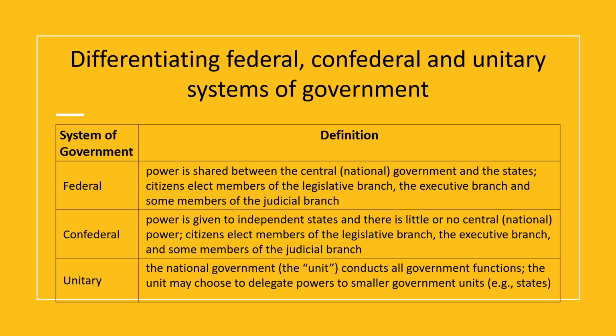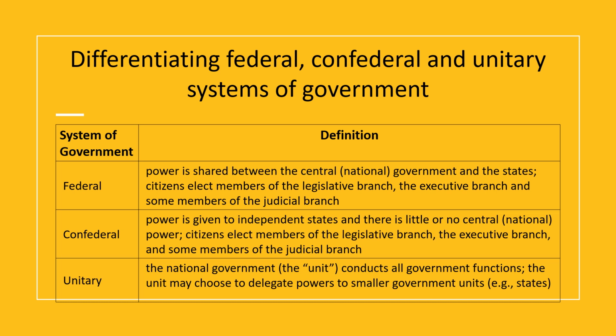In a confederal system, power is given to independent states, and there is little or no central power. Citizens elect members of the legislative branch, the executive branch, and some members of the judicial branch. So we see that federal and confederal are very similar to one another in that the people play a significant role as to who holds power in different branches of government.